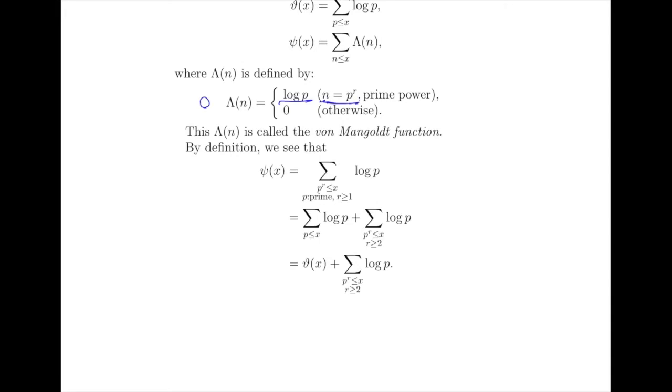Only when n is a prime power does lambda(n) take the value log p, and in all other situations lambda(n) is equal to 0. The second Chebyshev function psi(x) is given by the summation of lambda(n), where n runs over all positive integers up to x.